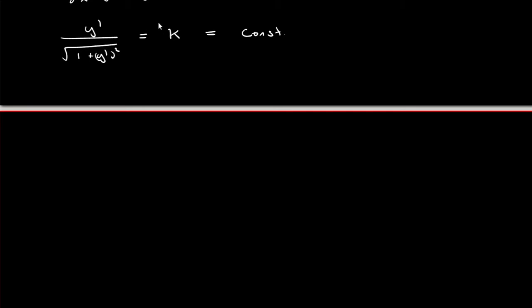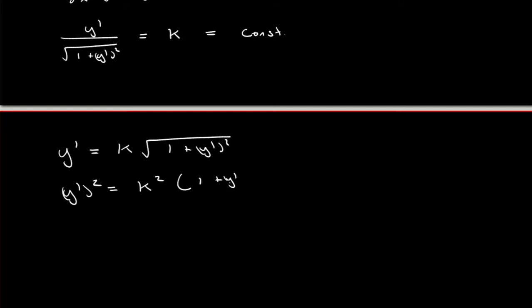So we multiply through by that root 1 plus y prime squared on the bottom, and we'll come up with y prime is just equal to k lots of root 1 plus y prime squared. We square both sides to get rid of the square root, and we'll come up with y prime squared is just k squared times (1 plus y prime squared), which is just k squared plus k squared y prime squared.